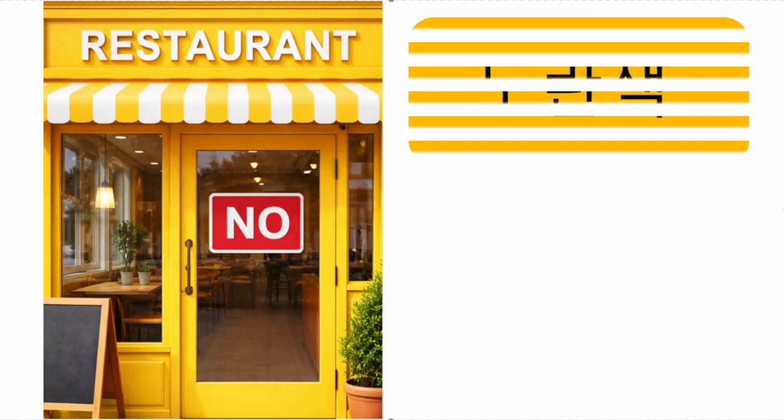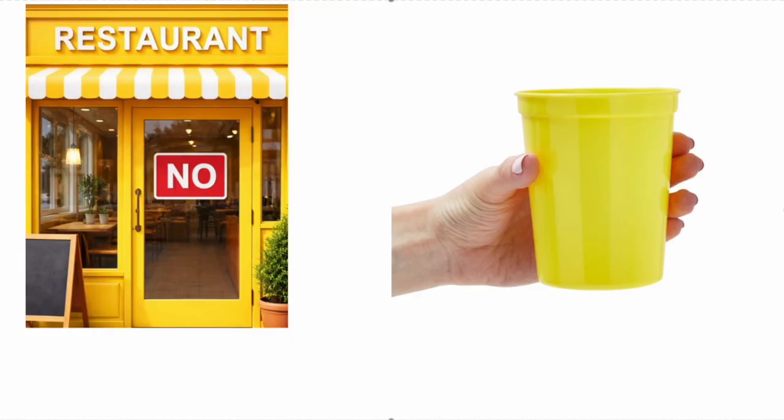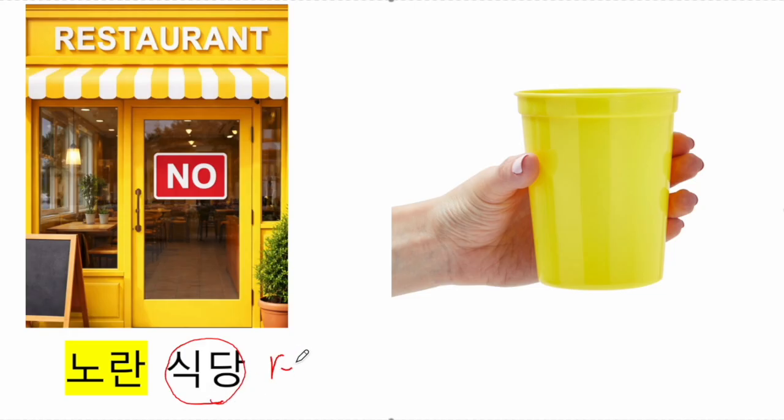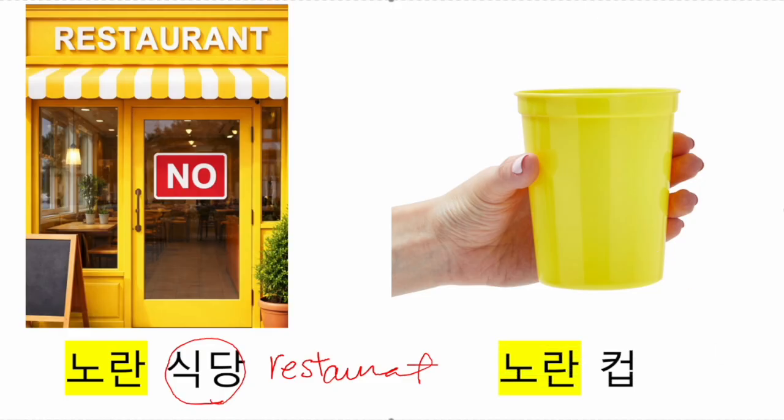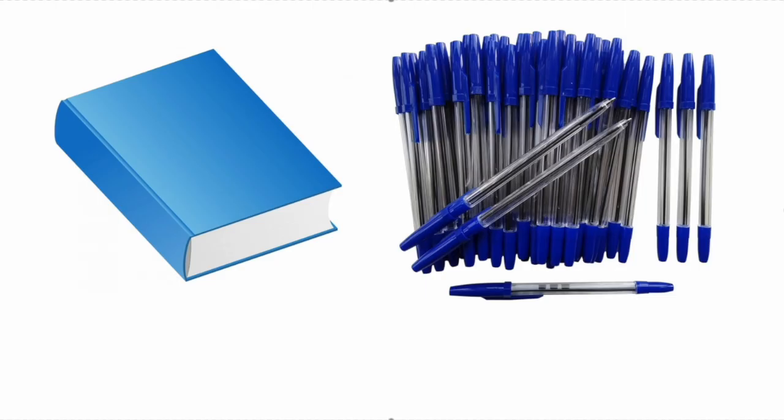Same thing with 노란색, you will drop this and say 노란 식당. Oh, that's another word that we learned, 식당. 식당 is a restaurant. 노란 컵. 파란색. 파란 책.